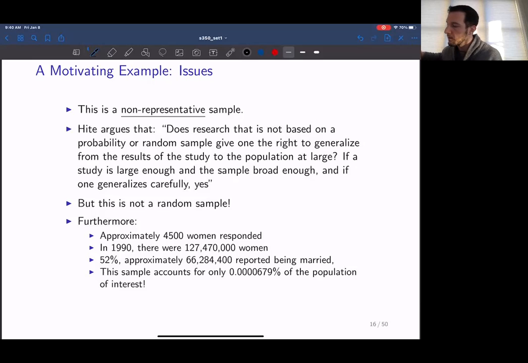Let's say of those 127 million, we only surveyed women that were married, so they were in committed relationships, at least in the eye of the law. At that time, about 52% of women were in these committed relationships. That gives us 66,284,400 women that would likely be part of this target population. So our sample accounts for 6.79 times e to the negative 5% of the population.